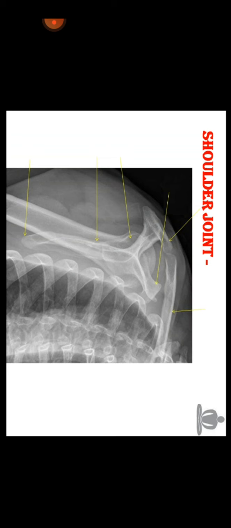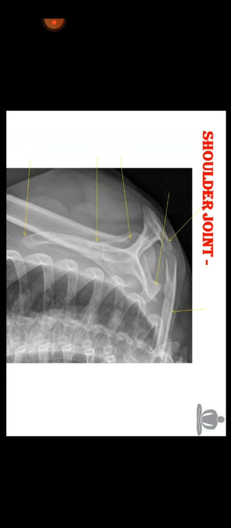Now, up till now, we are only talking about the diagnostic points of shoulder joint. Now, let us come to the clinical tests related to shoulder joint, the different clinical conditions. What are the different clinical tests related to it?